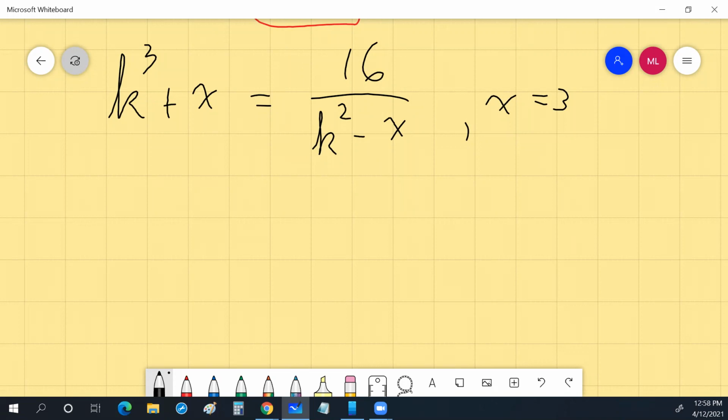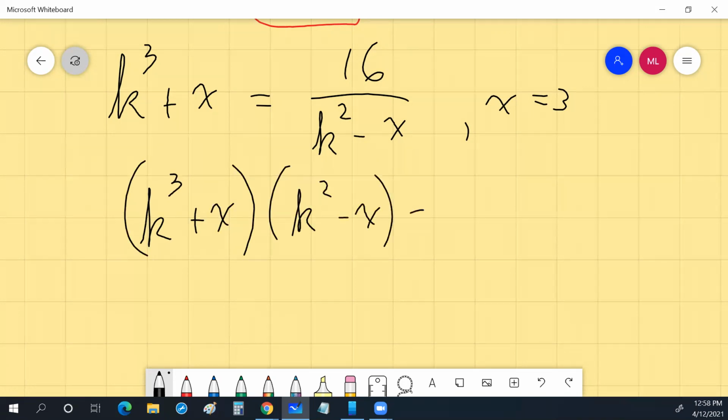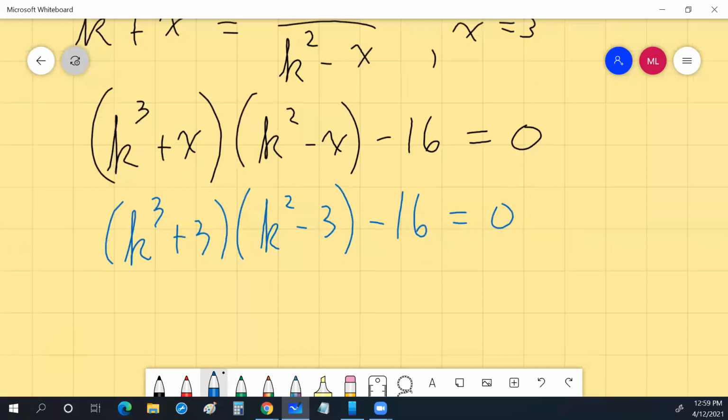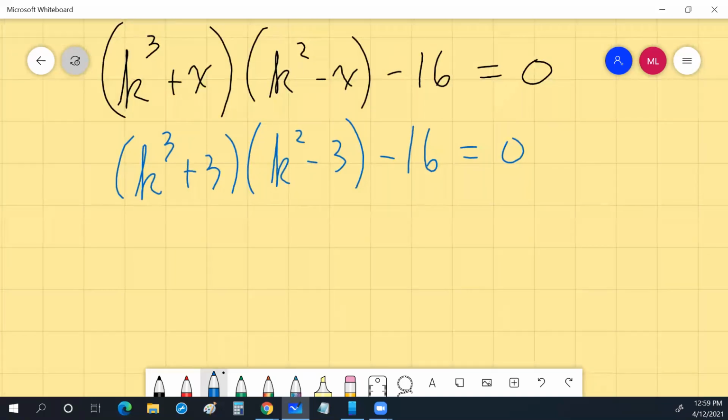So now if you solve this equation when x equals 3, I'm going to solve this so I get k cubed plus x times k squared minus x minus 16 has to equal 0. And x is going to be 3. So k cubed plus 3 times k squared minus 3 minus 16 equals 0. So if I can find out where this touches 0 for which values of k, then I'm good.